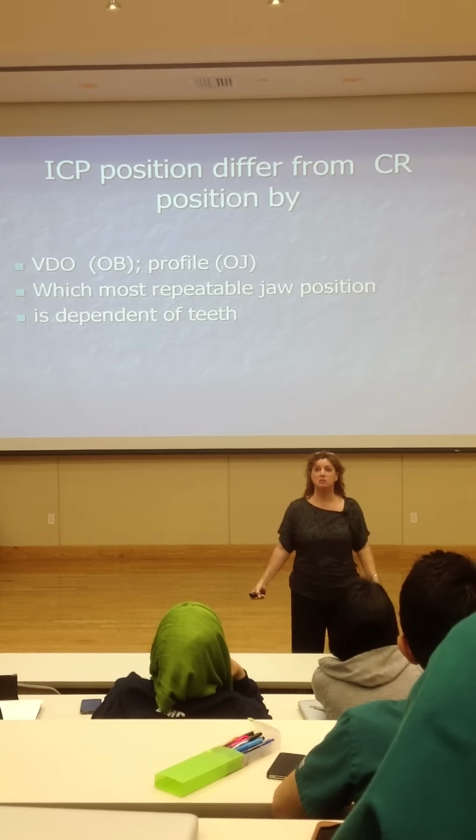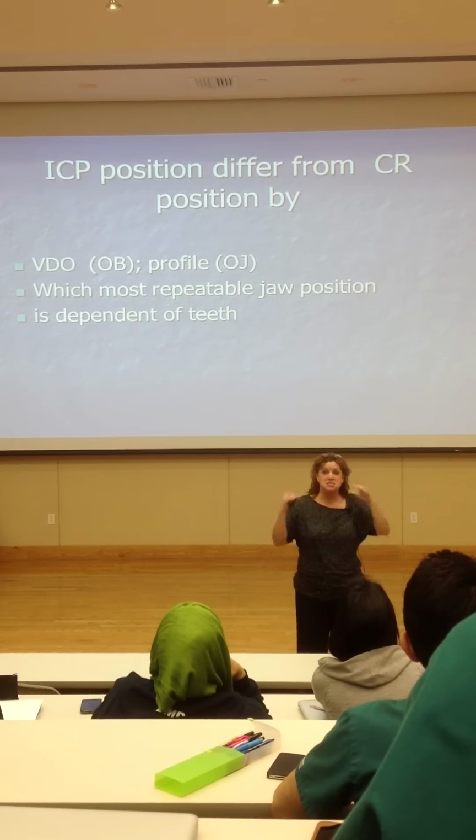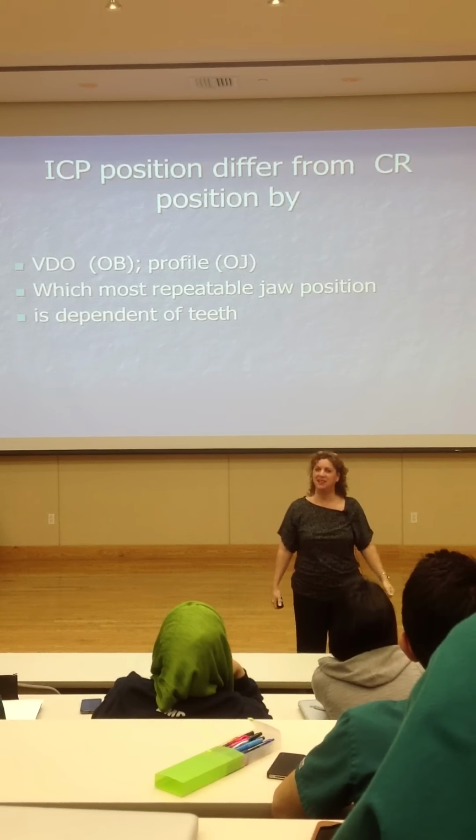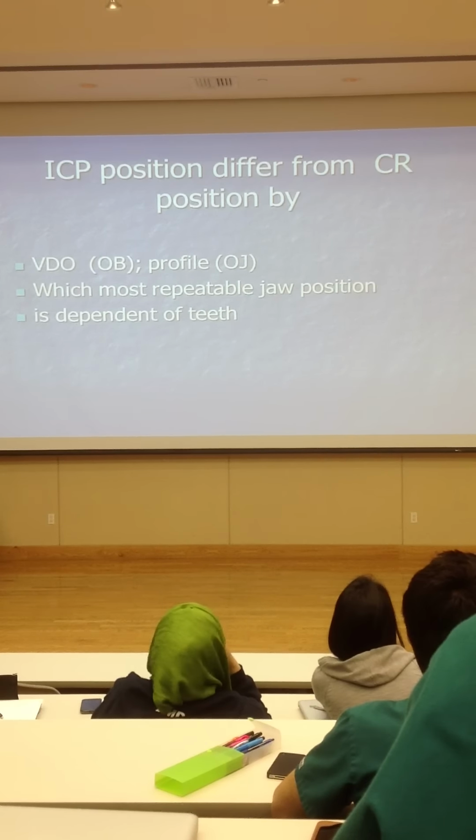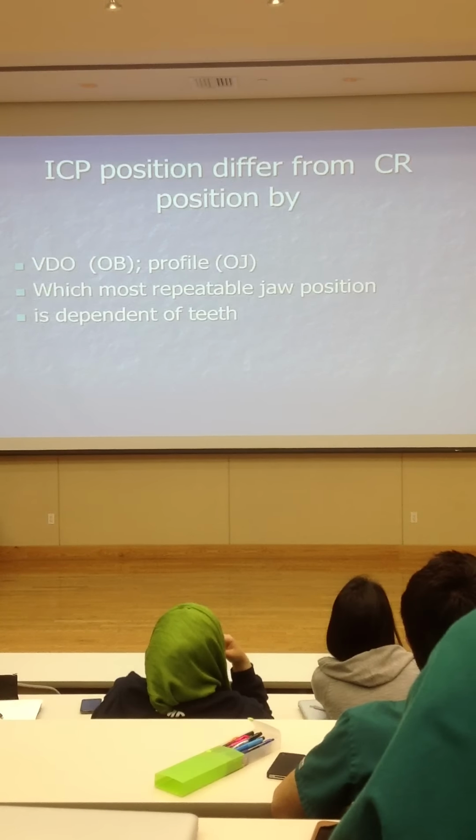If we go forward like this and then go backwards, it's diminished. Makes sense, huh? However, most people with class 3 cannot be brought into any centric. They usually are there already.